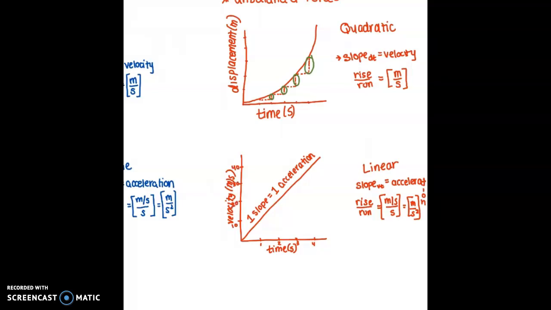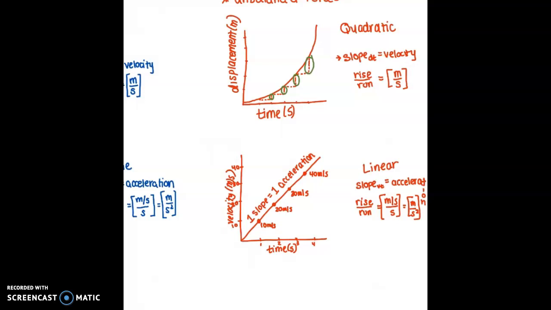With these values, you can see at 1 second on this graph, the velocity is 10 meters per second. And at 2 seconds on this graph, it's 20 meters per second. And 3 seconds is 30 meters per second. 4 seconds is 40 meters per second. My velocity is going from pretty slow, 10 meters per second, to faster, 20 meters per second, to faster, 30 meters per second, to faster, 40 meters per second.